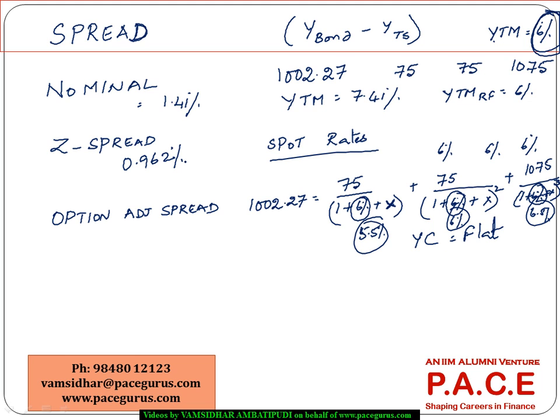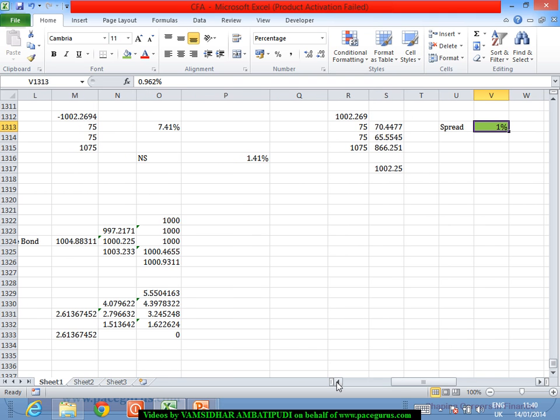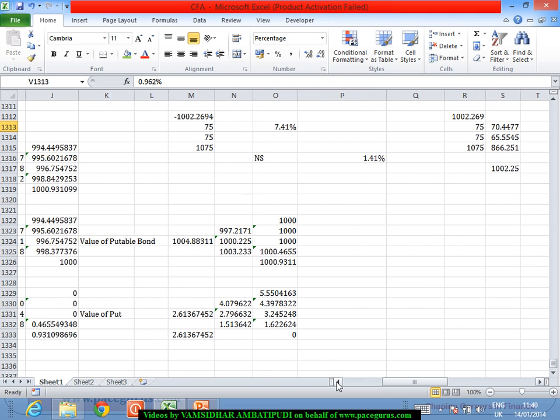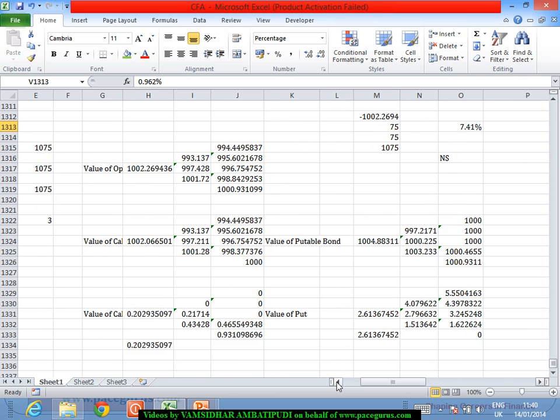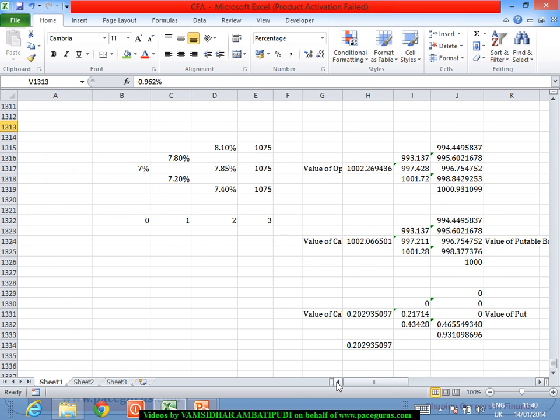And the interesting aspect here is the third one, which is an option volatility kind of spread. When I look at the option volatility spread, I am looking at the option adjusted spread. I am trying to add that spread to each of these locations.